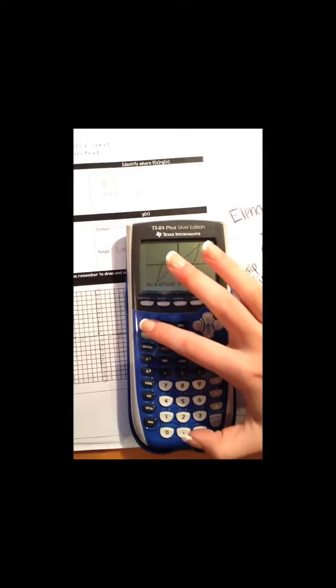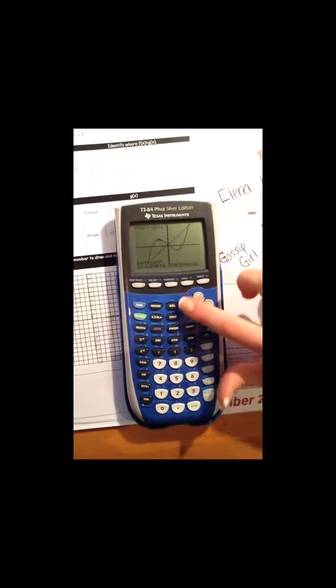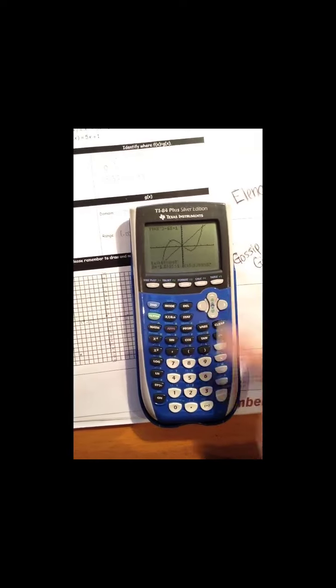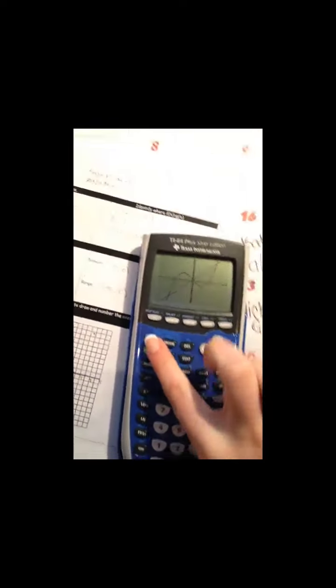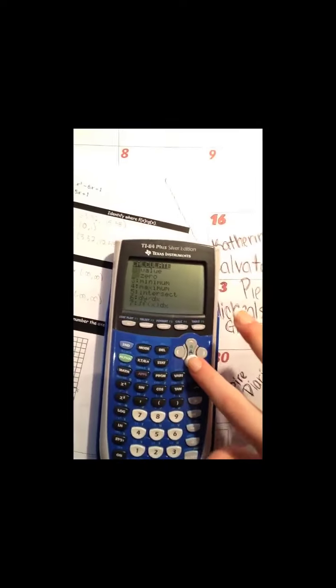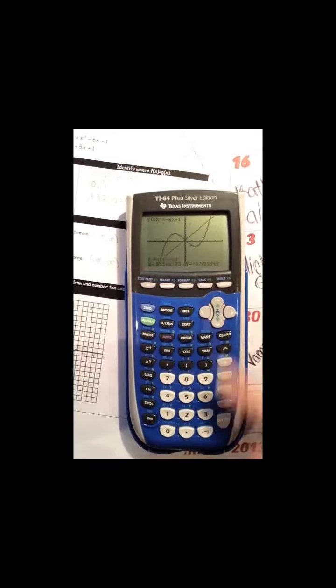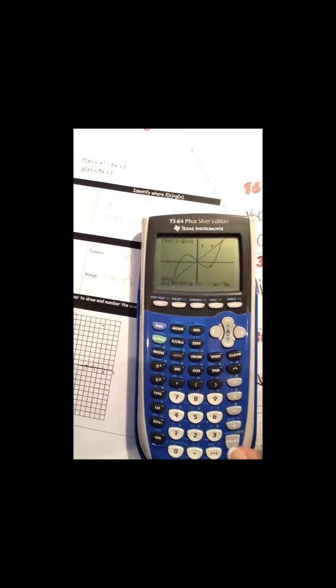So I'm going to go second trace, maximum, left bound, right here, and right bound. And I'm going to record that point. Now I'm going to find this minimum. So I'm going to do something similar, which is second trace, minimum, then left bound and right bound. And I'm going to plot that point.